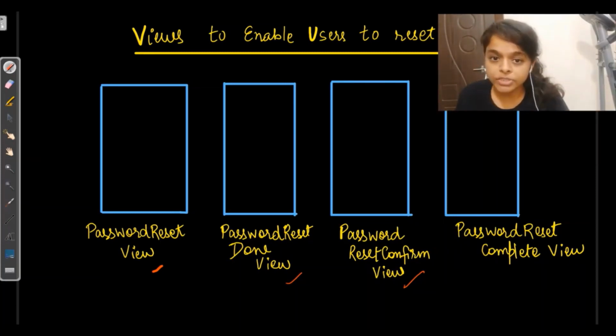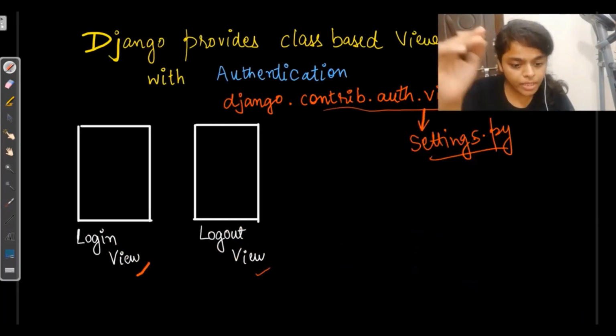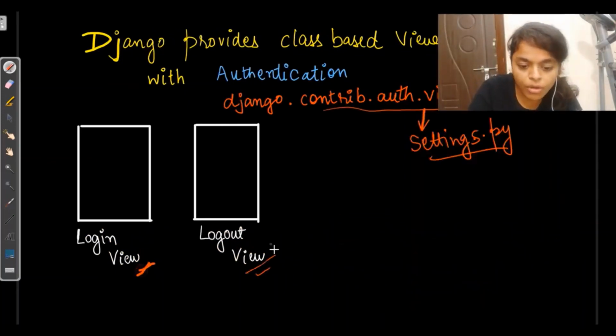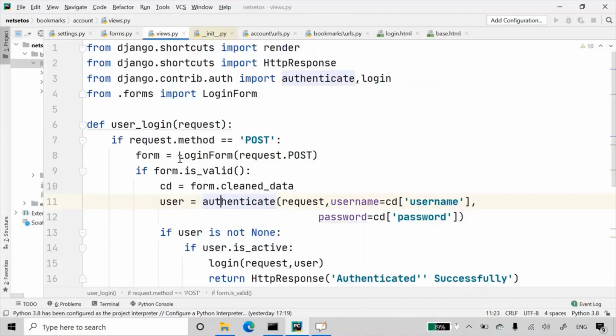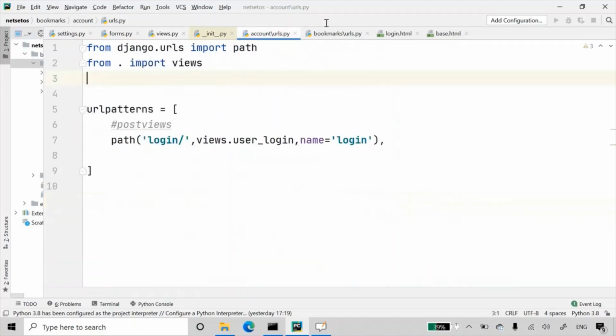So let's go to PyCharm, and here we'll be going for the login view and logout view to see how they look. Before creating the login and logout views, we will go to the URLs in the account application and make some minor changes. Here we see there is a path and views already imported.